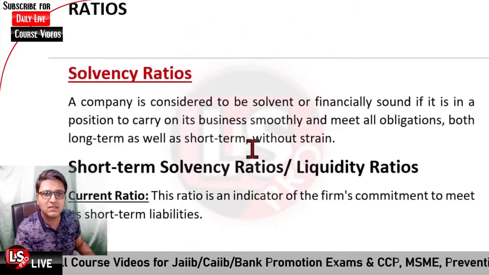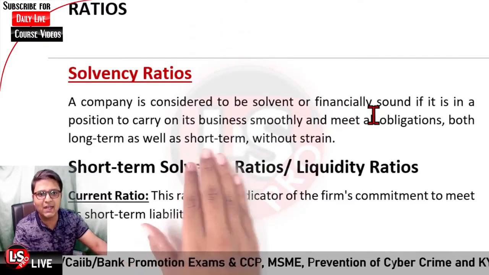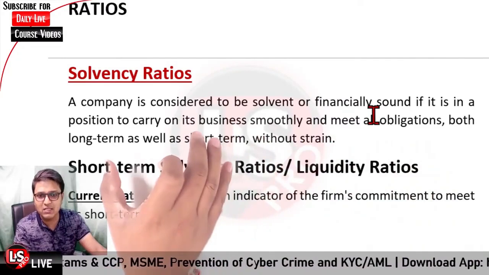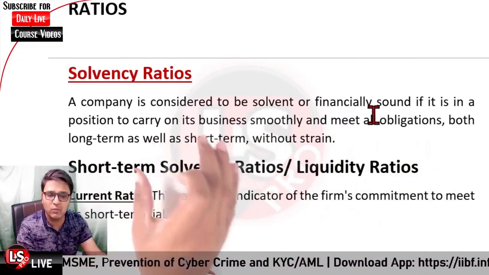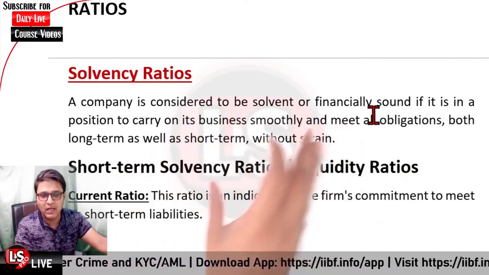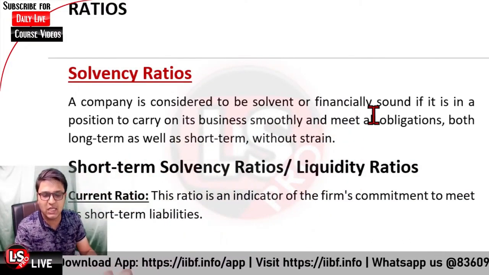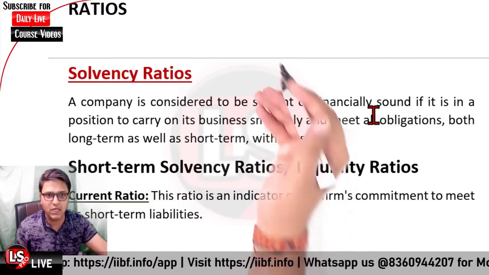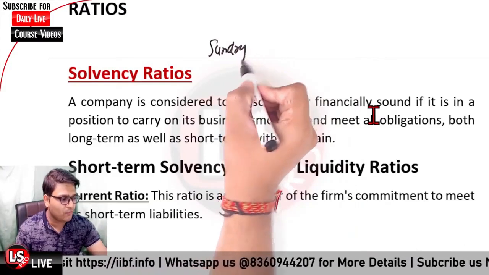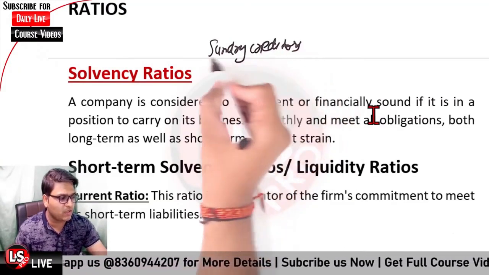A company is considered to be solvent or financially sound if it is in a position to carry on its business smoothly and meet its obligations. So what is the main thing we require for a company to be solvent in the near future? It must be able to pay its obligations. What are the different obligations? There could be sundry creditors from whom you have taken credit.